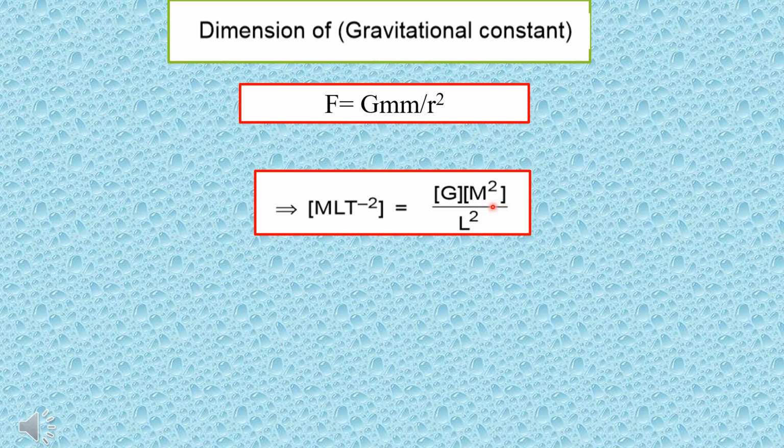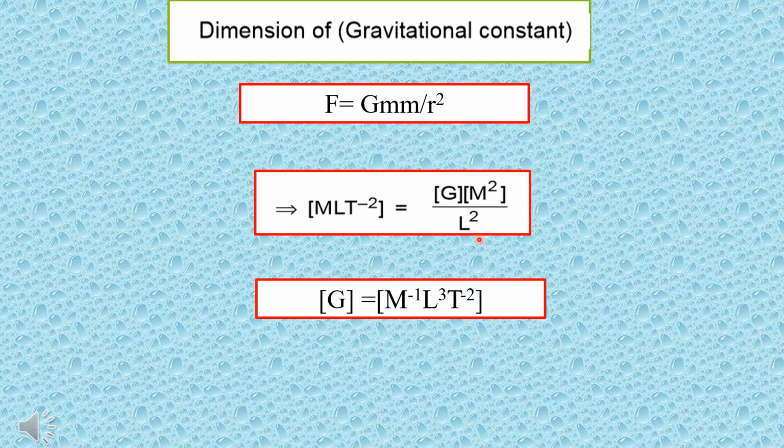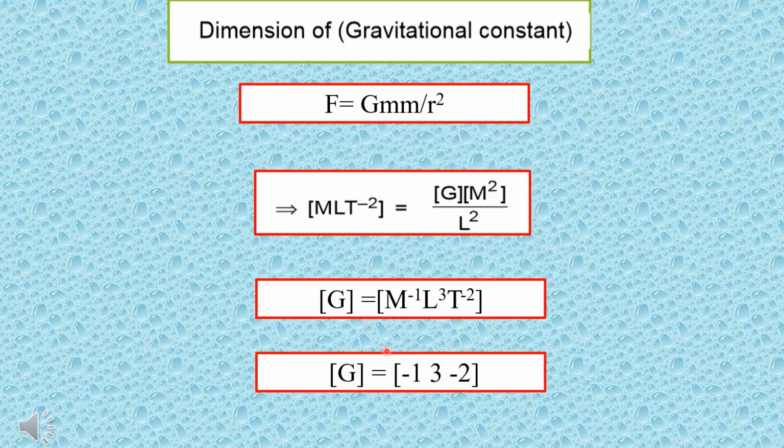Here capital M is representing the quantity in mass, because there are two quantities m into m, that's why we write the square of capital M. And as distance r is represented by capital L, we write capital L square. By solving this we finally get M to the power minus 1, L to the power 3 and T to the power minus 2. So the dimensions of gravitational constant are minus 1, 3 and minus 2 in square brackets.